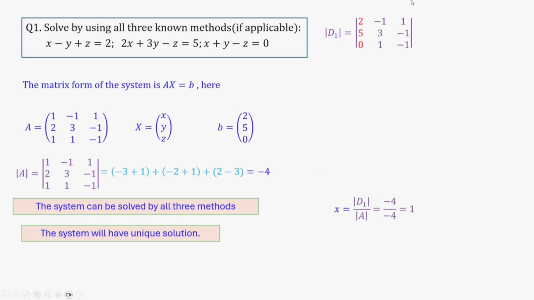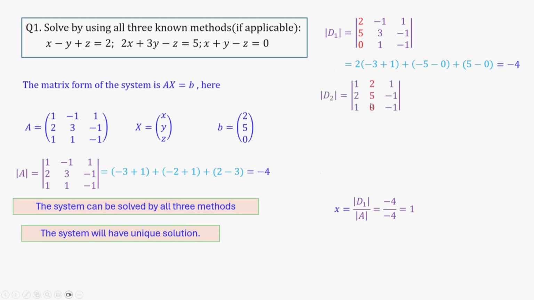So we'll calculate D1. In D1, the first column is replaced by this vector B. So we get it here. We calculate the determinant, and it is equal to minus 4. So D1 is minus 4.